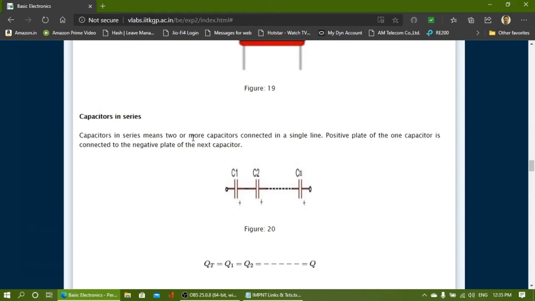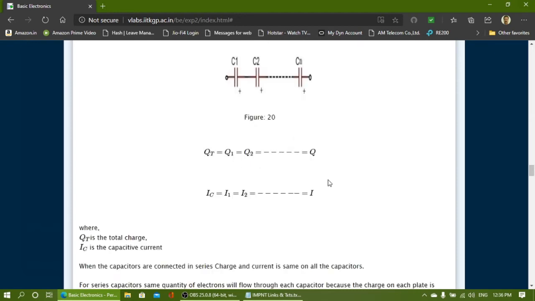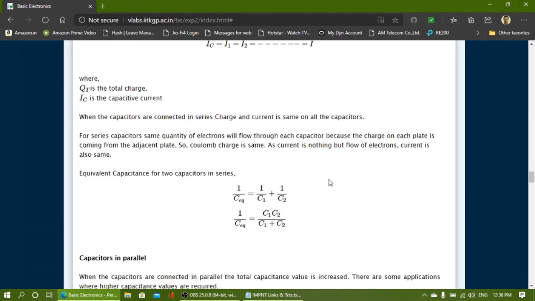One's positive plate is connected to the other's negative plate, where QT is the total amount of charge, and the total charge is divided along all these capacitors. So that's why the equivalent capacitance equation looks like 1 by C equivalent is equal to 1 by C1, plus 1 by C2, and so on up to 1 by Cn.